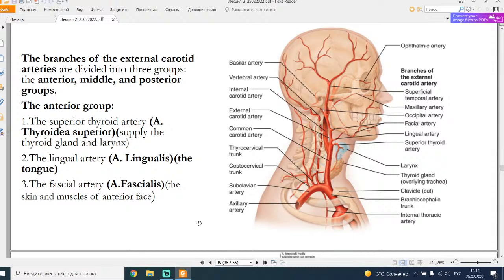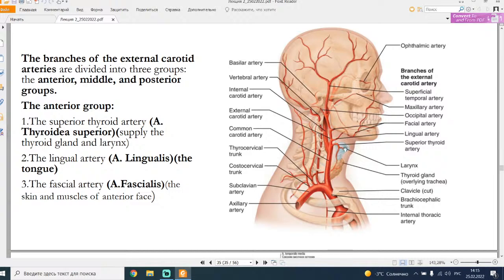The anterior group includes the superior thyroid artery, arteria thyroidea superior, which supplies the thyroid gland and larynx.